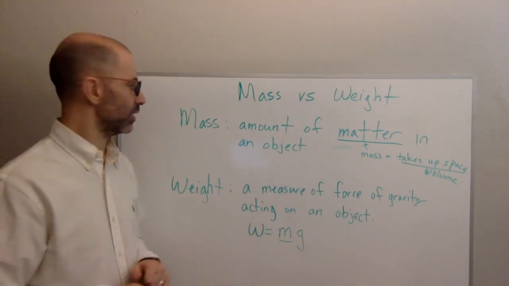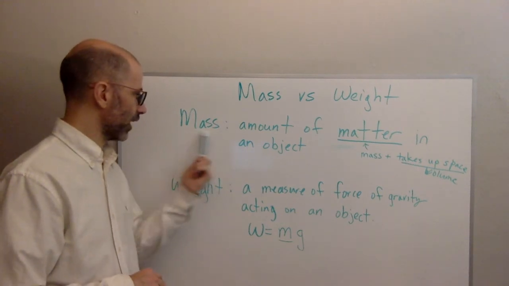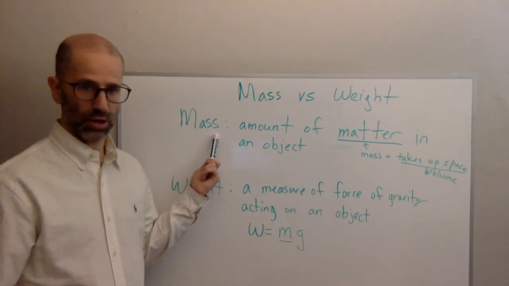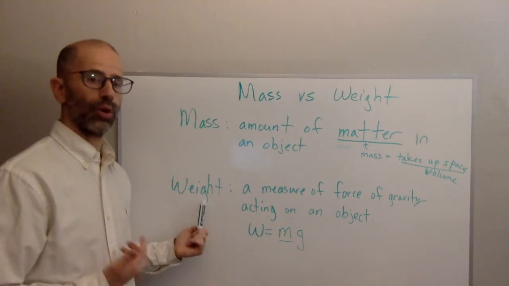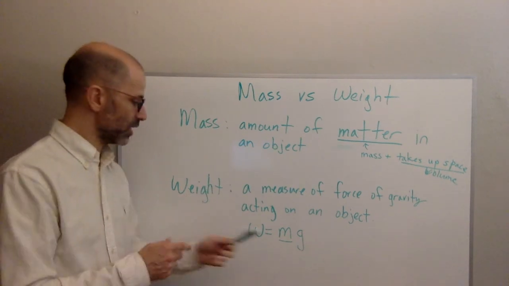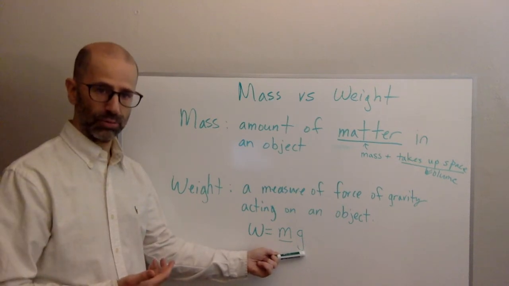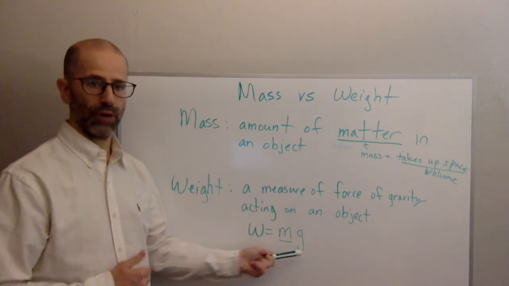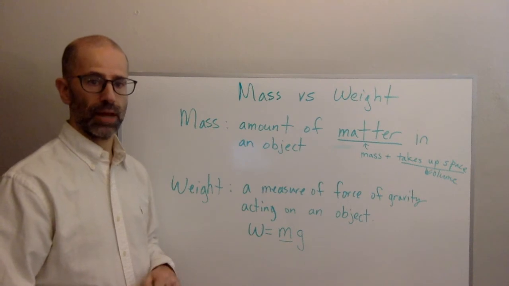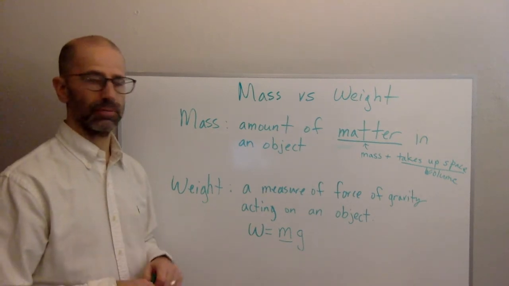So that's going to stay the same. Your mass doesn't change relative to where you are. Your weight is going to change. And that's because, remember, you have a force of gravity acting on you. And again, that force of gravity can change depending on where you are, your position.